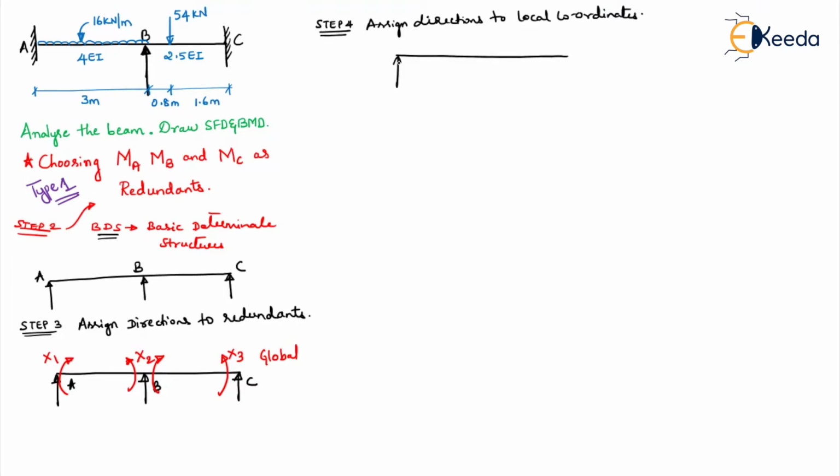This is your A, B. So your local coordinates will be in which directions? Like this, coming here it is like this and like this. Call these 1, 2, 3, 4. Same as you do in the stiffness matrix method. So these are your local coordinates.